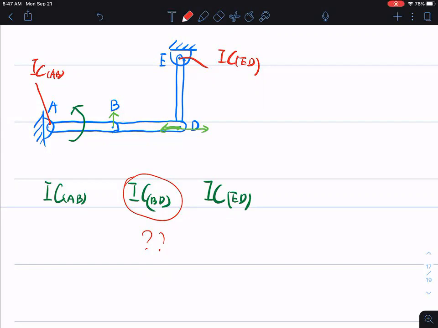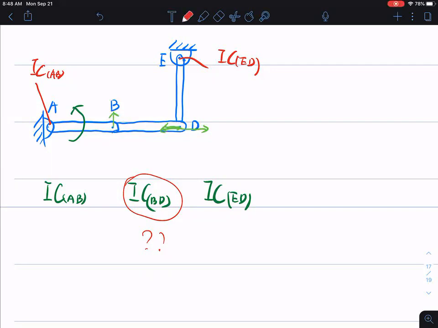The instant center for AB and ED is pretty easy since they're fixed at one end. So that would be their instant center. But for the rigid body BD, you have to identify the direction of the velocity vector at two points on the rigid body and find their direction of motion. For point B, it has to go up. For point D, it can either go right or go left.